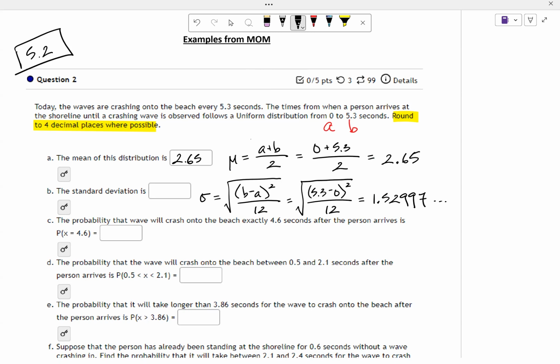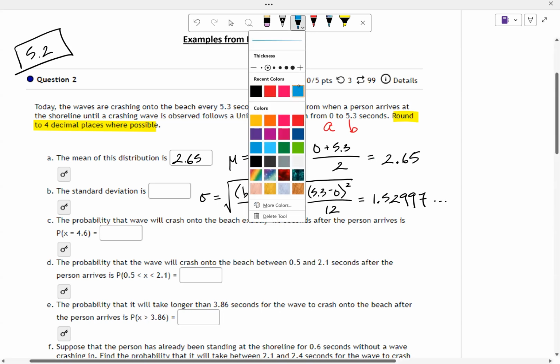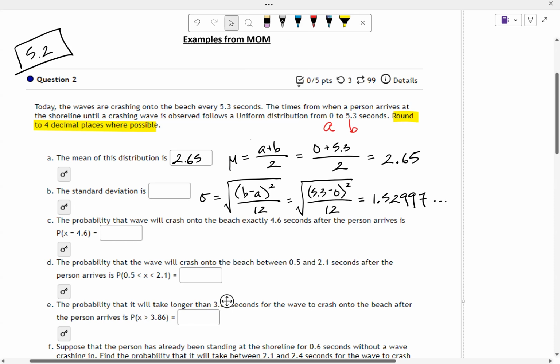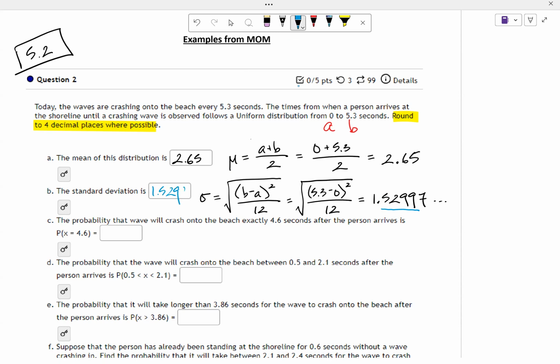Here's where I want to talk about the rounding. Let's say you're like, well, I'm going to round to 4 decimal places, and so I'll get 1.5299. You type that in, and it tells you that you're incorrect. I can see how you would be super frustrated by this, but the issue here is that you didn't round to 4 decimal places. So let me erase this.